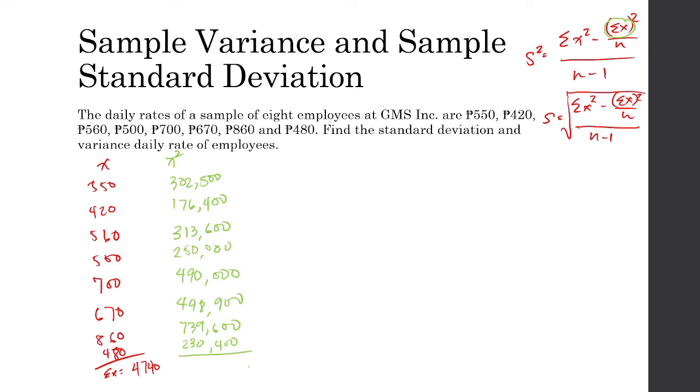Kailangan na lang natin gawin dito ay we just need to get the summation of that x squared. Meaning to say, we need to add all of them, lahat ng x squares natin.